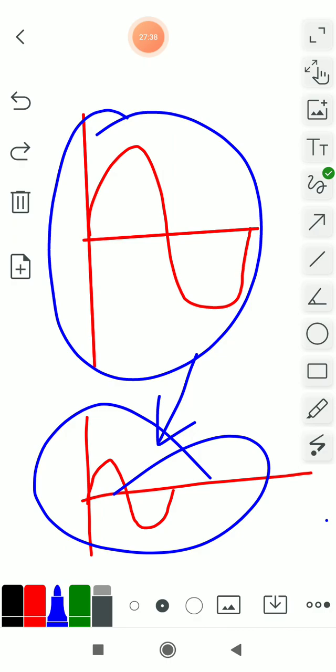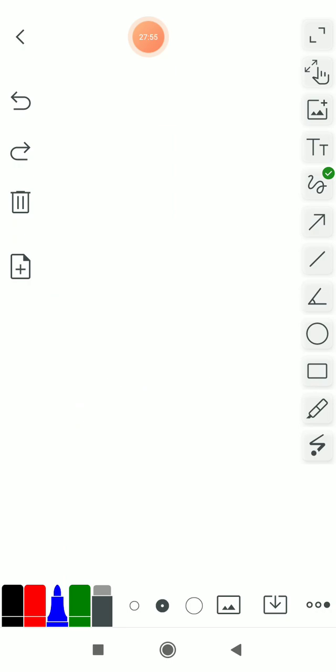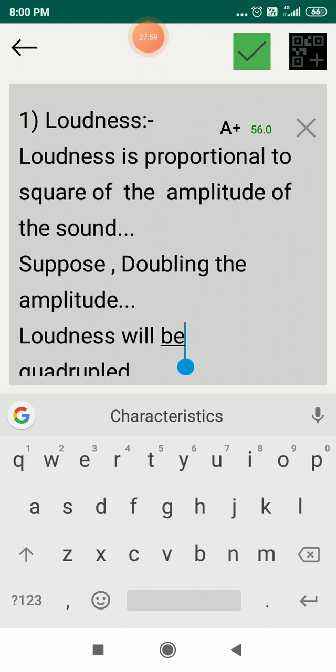That means whose amplitude is greater, his intensity of the sound will be greater. So loudness is proportional to the square of amplitude, or specifically we have a logarithmic relation between loudness and amplitude.